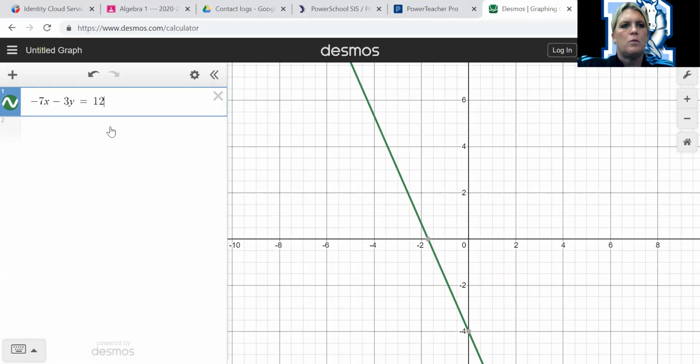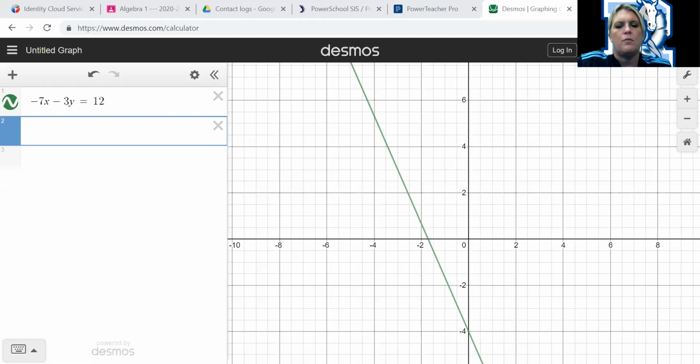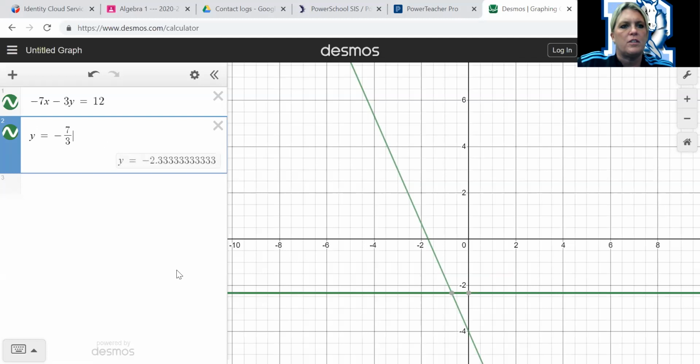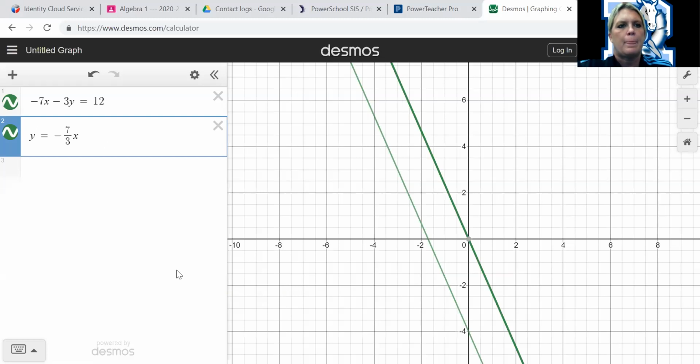Now the next one, what we think our answer is, we think it is -7/3 x minus 4. So I have y equals -7 divide 3, arrow over to get out of the denominator, x.